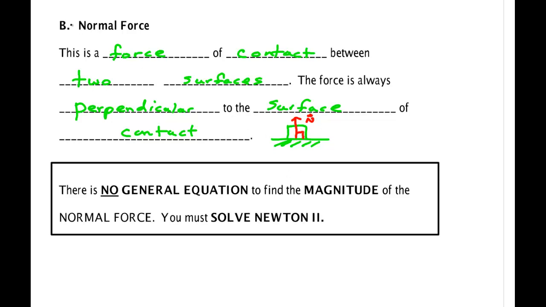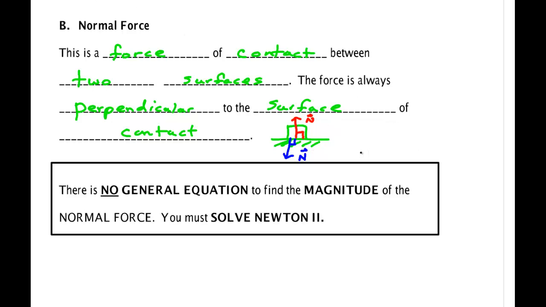By the third law, we also know actually, or we'll talk about later in videos, that there's actually a force down like this on the table or what have you, pushing in the opposite direction, and it will also be at a right angle to the surface of contact.